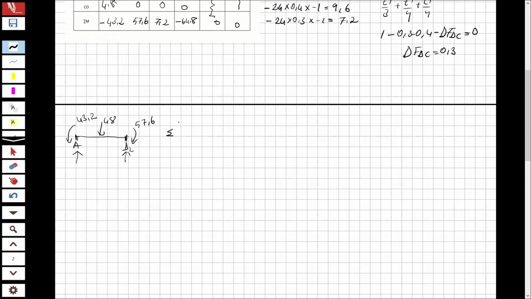So the total moment at A is equal to 0, and this direction is positive.